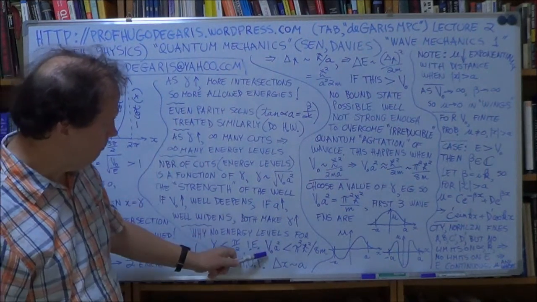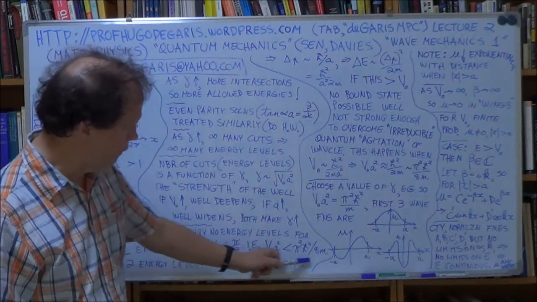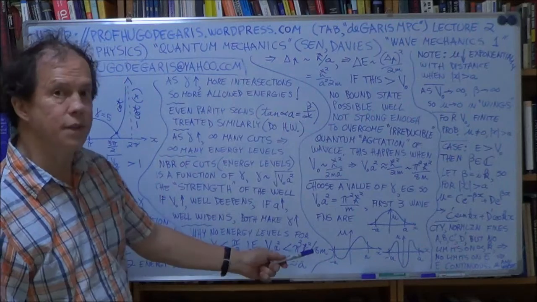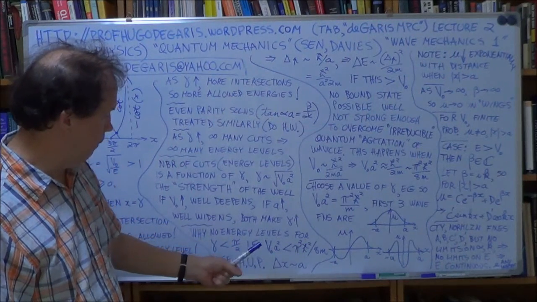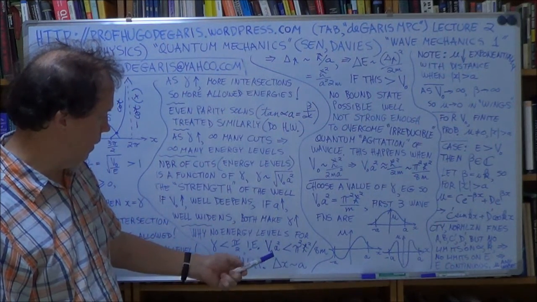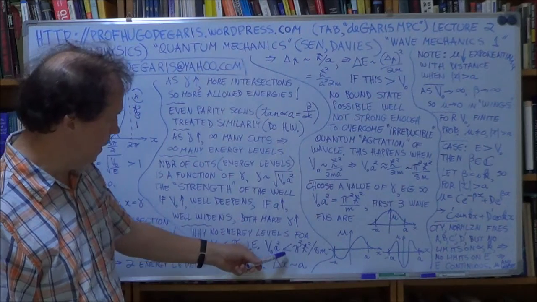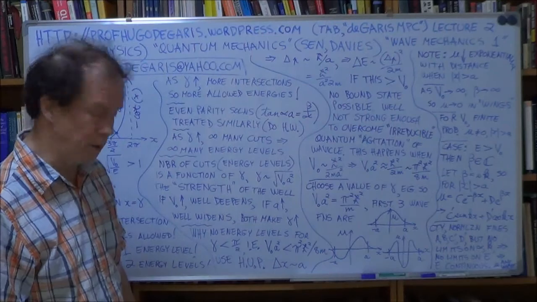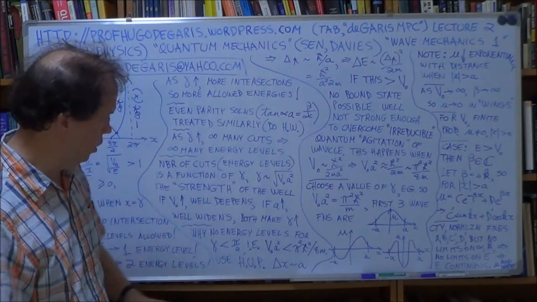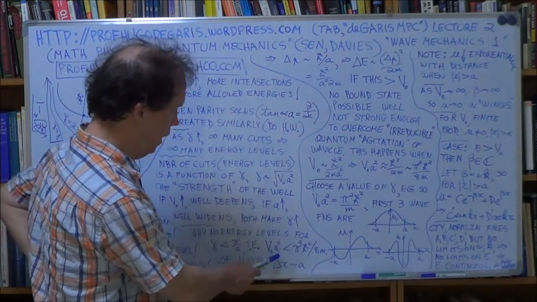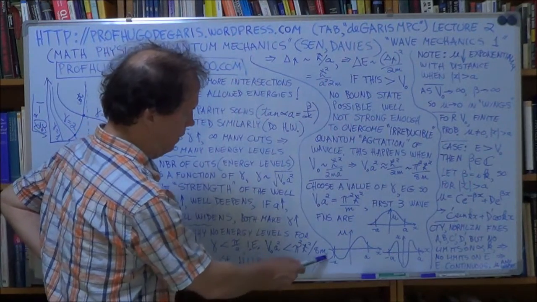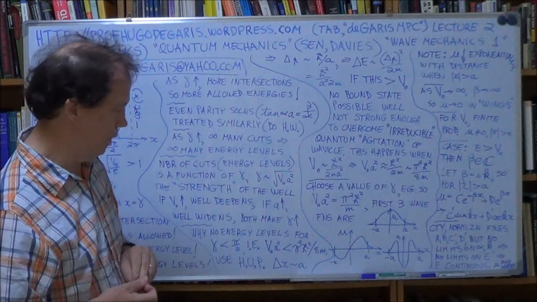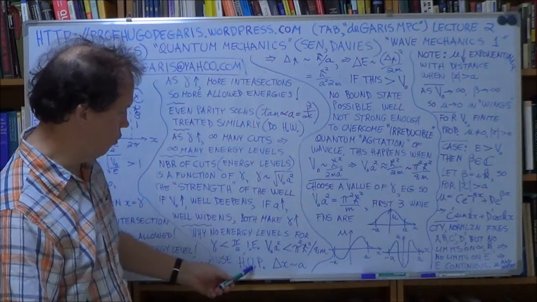Well, if you have this kind of condition satisfied, if this is less than this, then you get a violation of the Heisenberg uncertainty principle, right? Which we'll show now. So you can't have this less than this, because if you did, you get a violation of the Heisenberg uncertainty principle, the HUP, right?